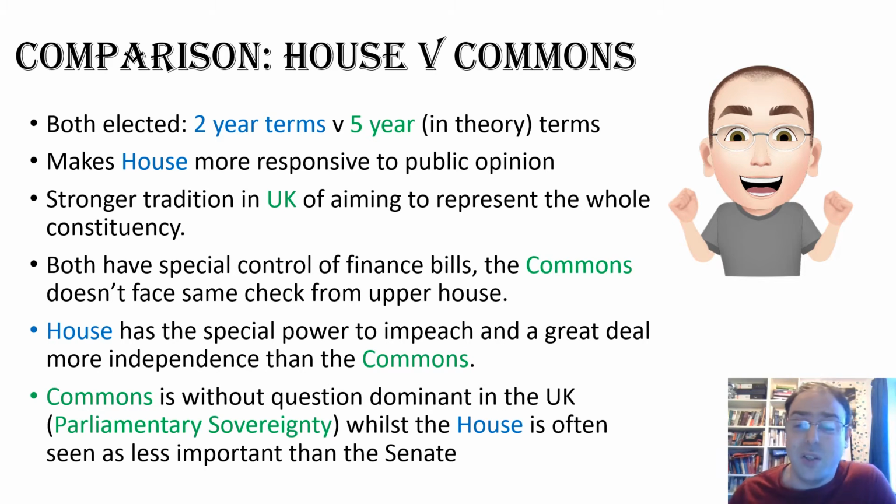Now, the House of Representatives, therefore, is highly responsive to public opinion because really, as a member of the House, you never stop campaigning, unless you're in a particularly safe district, because you win an election, then it's only 2 years until your next one. So the speed of turnover of that, if you are not responding to what your constituents want, the chances are you'll be out on your ear.